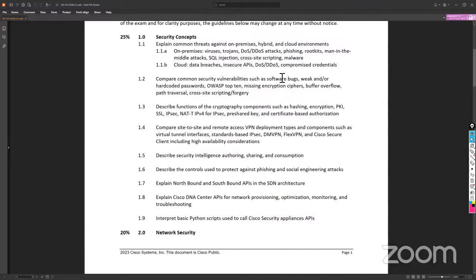What are DoS and distributed DoS attacks? Some web-based vulnerabilities. You should know what OWASP is, what they do, and why they are there. Then things like hashing, encryption, and what the CIA triad is. All of this is just to describe and compare, so you should know them by definition, and you could be asked questions based on that.